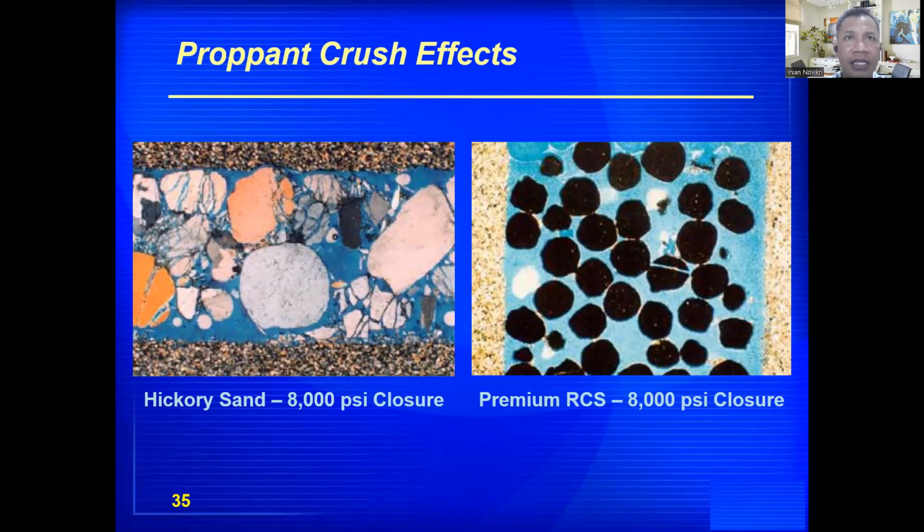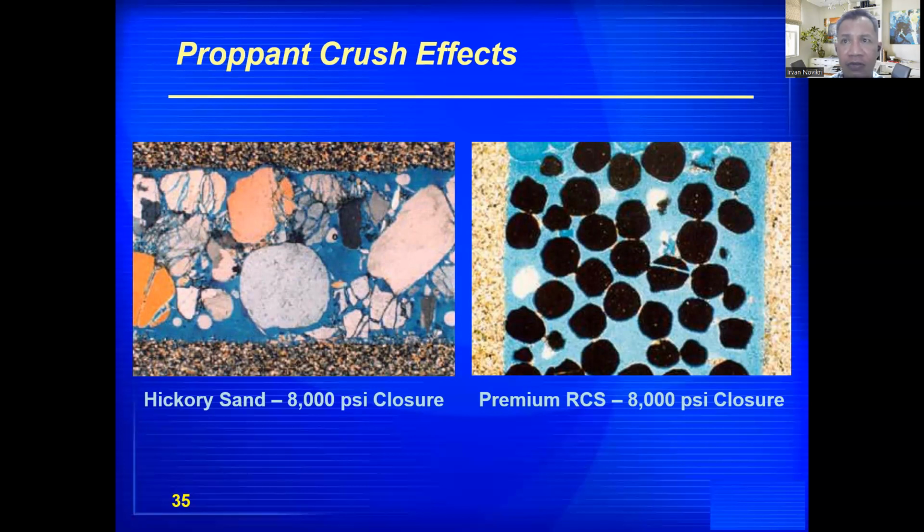This is basically what we are talking about. On the left is hickory sand at 8,000 pounds of closure stress. If you look, there is not a single grain here that is not fractured, shattered, completely crushed, or shredded. You have the basketball and marble effect, and you have destroyed your porosity and thus your permeability of the fracture.